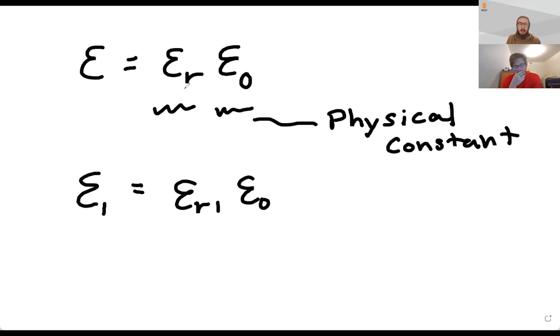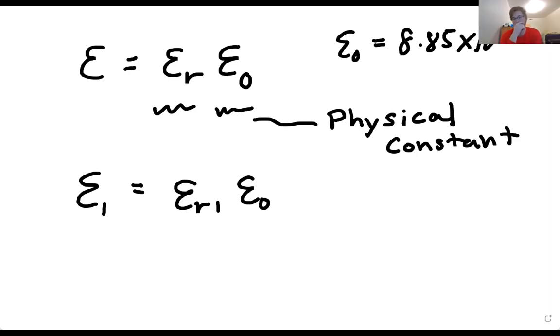There's a bunch of stuff that you can do with this. So people like to compare how different materials act with each other. Now this number is a weird number, right? 8.825 times 10 to the minus 12. No one wants to constantly refer to such a weird number, right? Units, farads per meter.